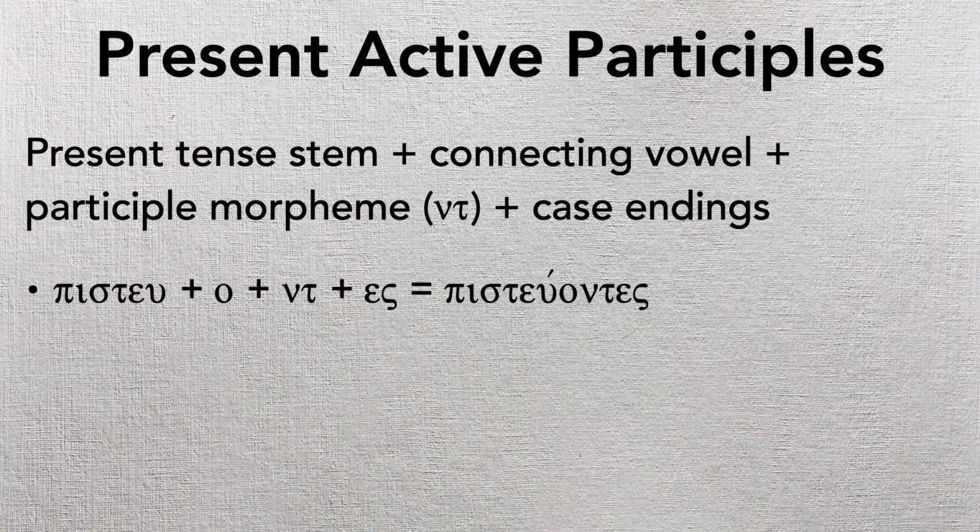You remember that back in the day, chapter 10 of the Mounce textbook? We're going to need to put third declension endings on there since it ends with that consonant, okay? So we're going to have to go back and review third declension endings most likely, because that's going to be a challenge. We're going to have to make sure we're up to speed with those. And so the result is we get pistuontes, which means believing or while believing, okay?